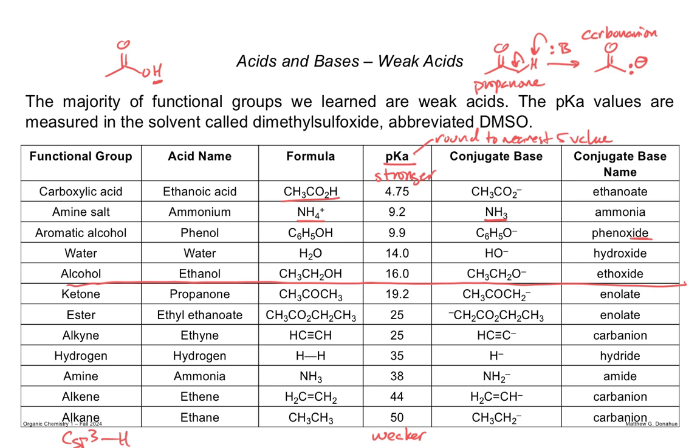The other thing that's important is that the base that deprotonated is still floating around, and now it's in its conjugate acid form. So we would balance the charge by saying the base is now plus.